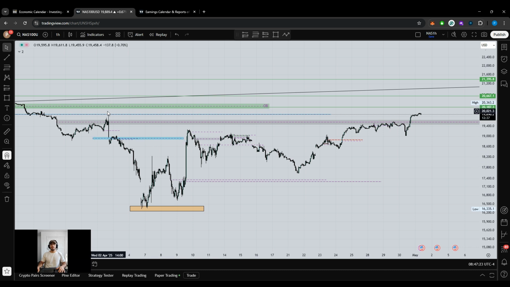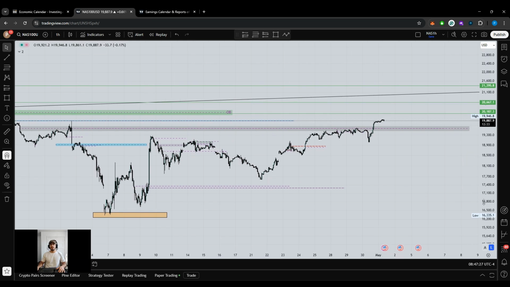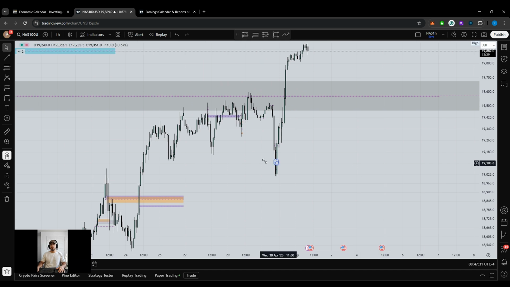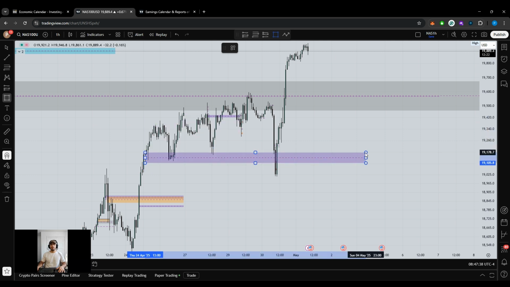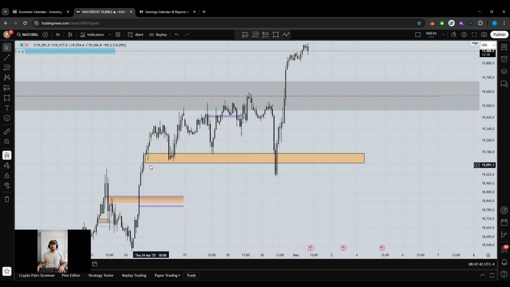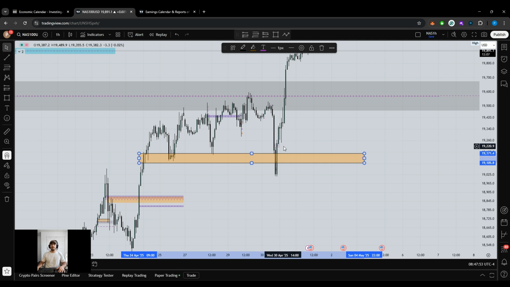Something similar happened in yesterday's session where price briefly swept these relative equal lows over here, the ones you see here, here, here, here, and here. It swept those in one swift movement and came back.